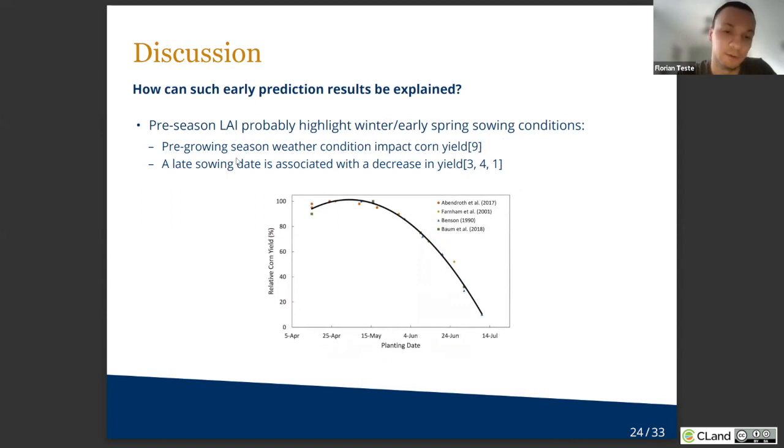And also because we know that the weather in early spring has an impact on the start of the season. And we know that the start of the season will have an impact on the yield. Typically, you have an optimal window where you should sow your maize. And if you don't sow your maize in this optimal window, you will have a lower yield.